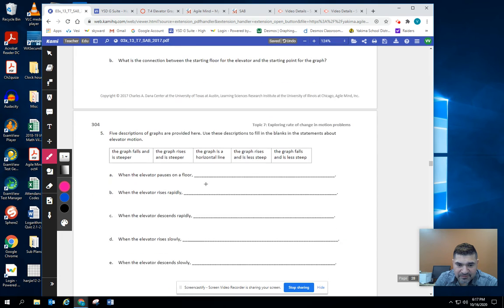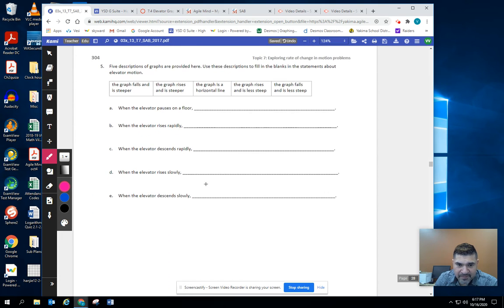Let's skip down to number 5 here. It says 5 descriptions of graphs are provided here. Use the descriptions to fill in the blanks in the statements about elevator motion. So instead of writing this out, I'm just going to write 1, 2, 3, 4, and 5.